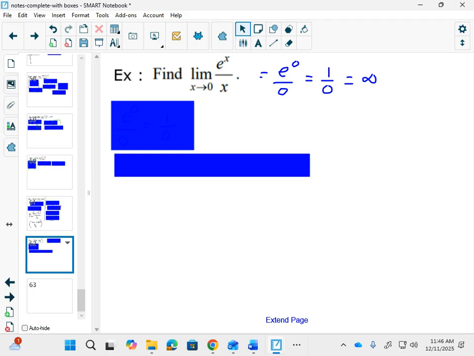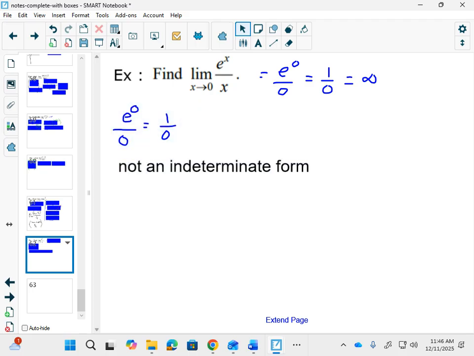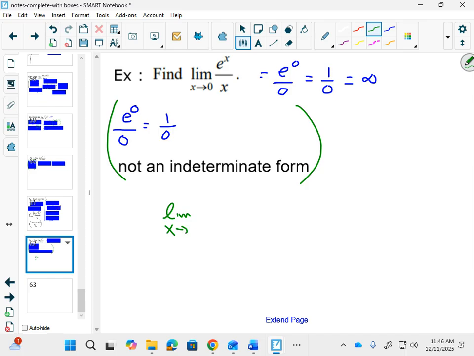Okay? So I wrote that out to begin. I can first say it's not the indeterminate form, in brackets here, but I should really check as I approach 0 from the positive side of e to the x over x, the top is positive, the bottom is positive, this is going to be infinity.